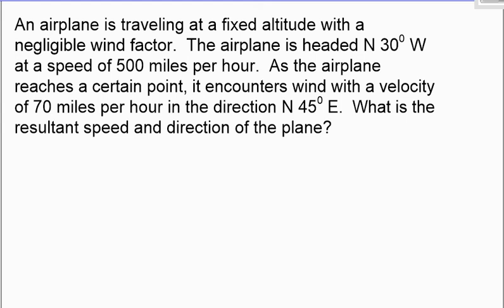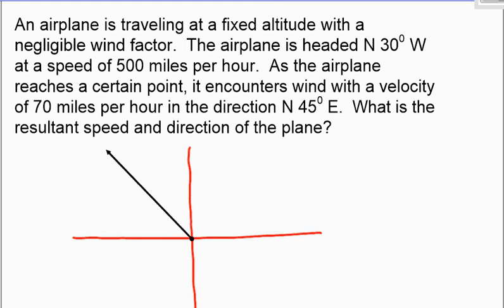So I'm going to sketch this. Here's a little northwest compass. This plane is going north, but it's swinging 30 degrees to the west. So here's my plane. This angle right here is 30 degrees, because instead of going due north, it swung 30 degrees to the west.